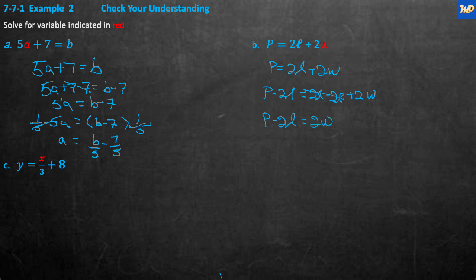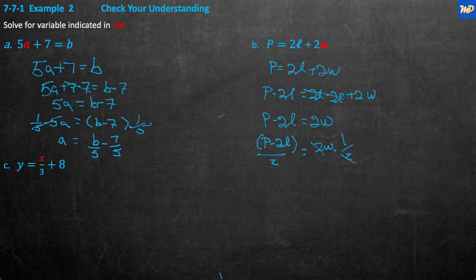We have to get the W by itself, so I have to get rid of the 2 in front of the W. So we're going to multiply by the multiplicative inverse of 2, which is 1/2. So we're going to say P minus 2L, the quantity, over 2 is equal to 2W times 1 over 2.